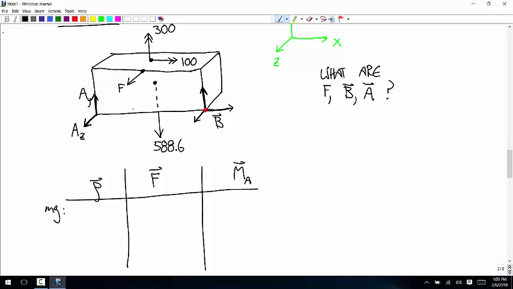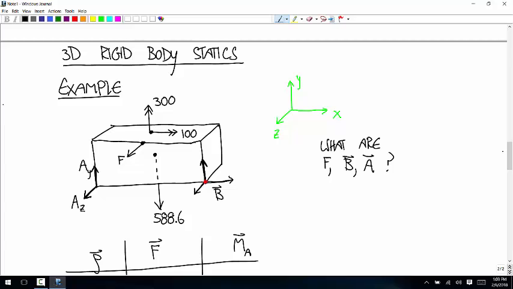Oh, I didn't give any dimensions. Makes it hard, doesn't it? So this is 0.5 meters. This is also 0.5.